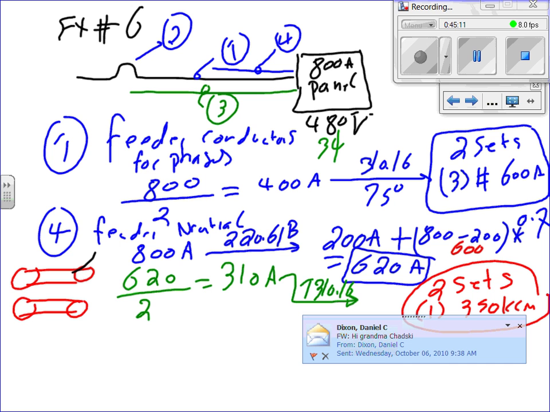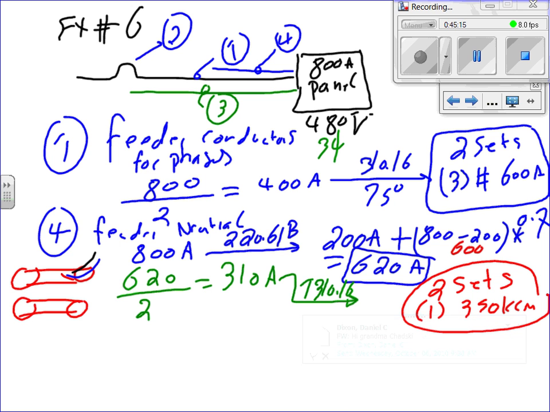As is 1, 2, 3, and the other one is going to have a 1, a 2, and a 3, and I'm going to have a neutral with ground with each one of them, and I don't have a third color for the neutral.